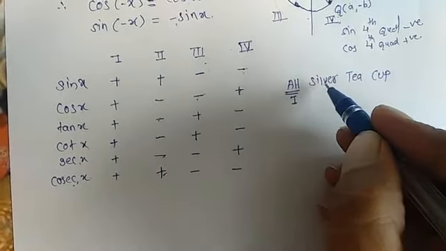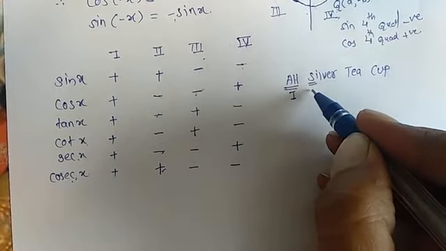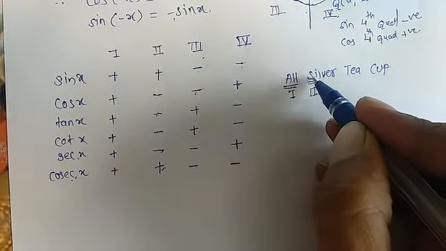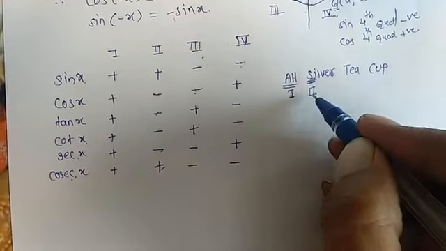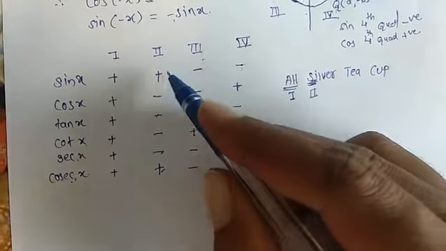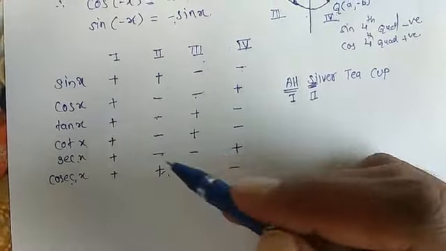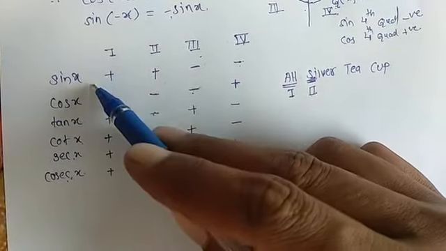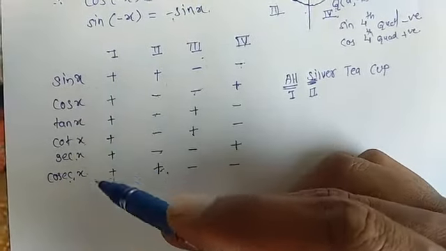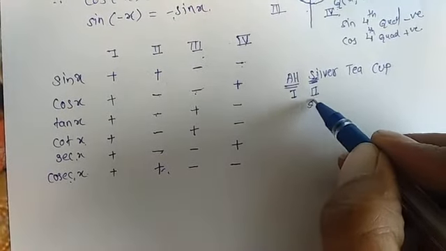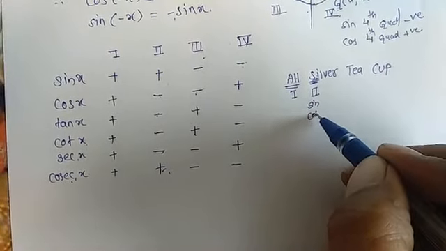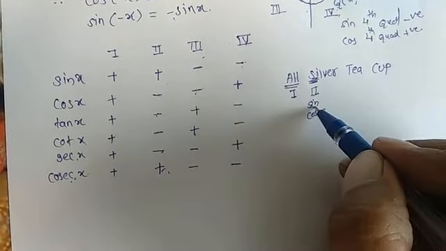In the second quadrant only sine and cosec are positive, because 1 upon cosec can be written as sine. So here only sine and cosec are positive in the second quadrant.